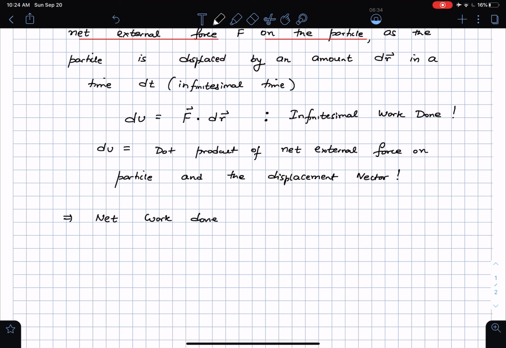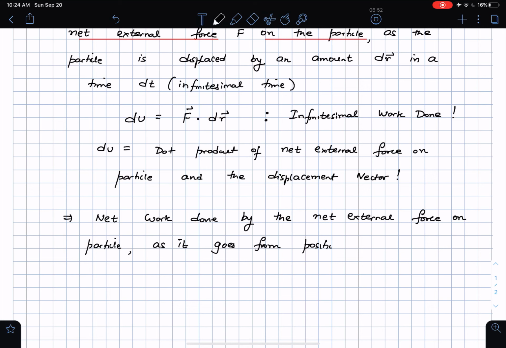Which means that the net work done by the net external force on the particle as it goes from position 1 to 2 is the integral of all the infinitesimal work done along the path.